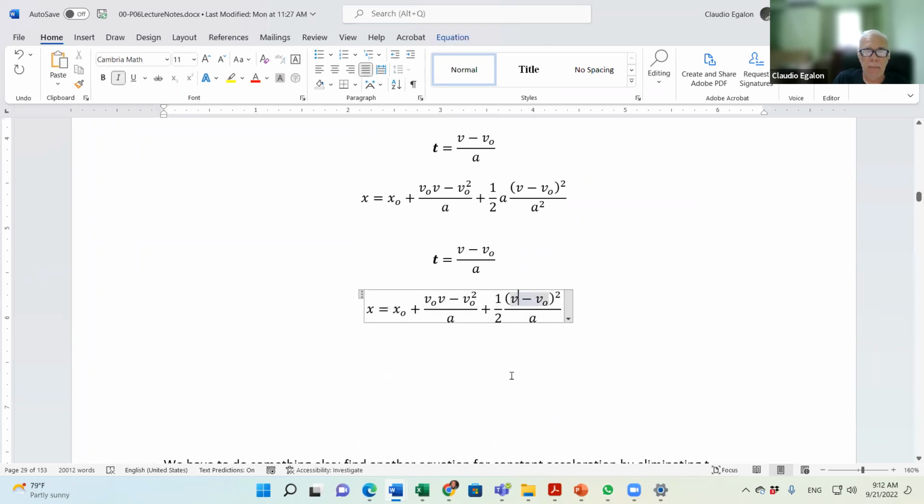And we are going to expand this term as well. It's going to be V squared minus 2V V naught, and then there must be a positive sign here, and a squared and V naught squared. Here you go. It's going to be like that.